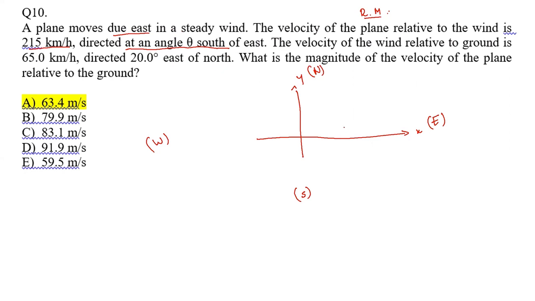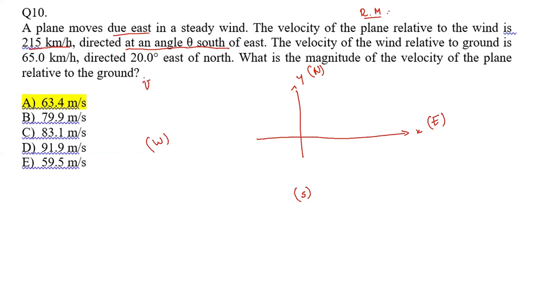Now here, I will say something else. The velocity of the wind relative to the ground is 65 kilometers per hour directed 20 degrees east of north. Okay. So the question is, what is the magnitude of the velocity of the plane relative to the ground?